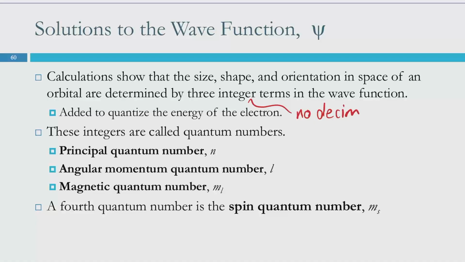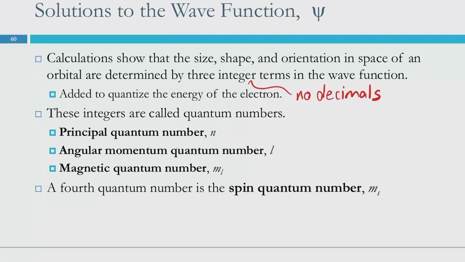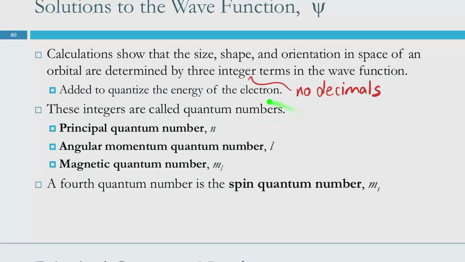So we've got some numbers that are solutions. If we plug them into those wave functions that we're not looking at because they're scary, then it describes a particular shape. And we can add those up, and that tells us the energy of the electron. These integers are called quantum numbers.